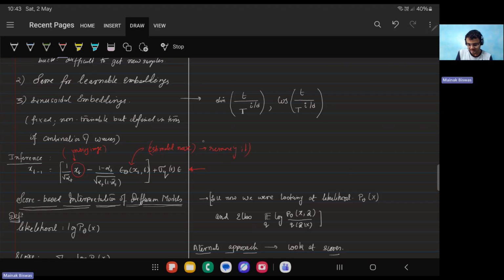Okay, so that's what we are going to see. And then we add a diversity term here, which brings in stochasticity, or novelty, in the generation process.